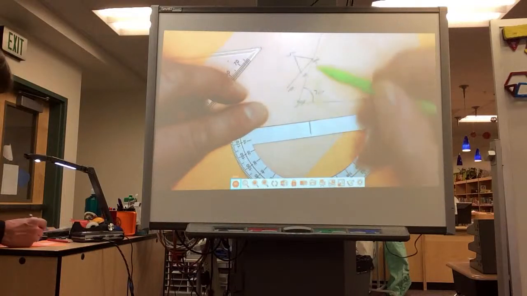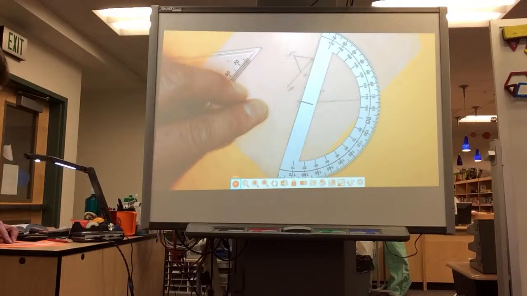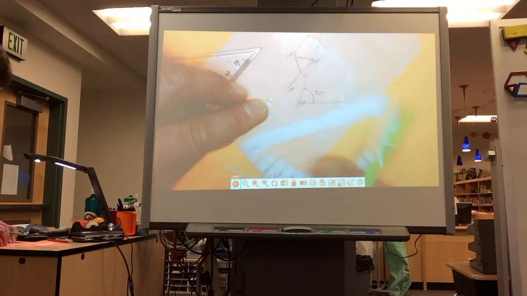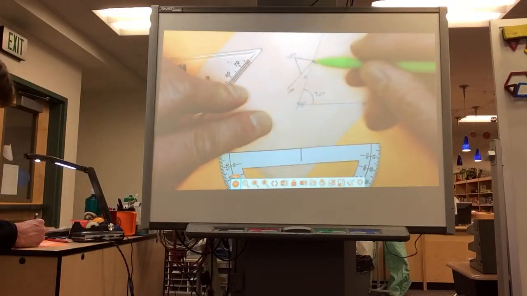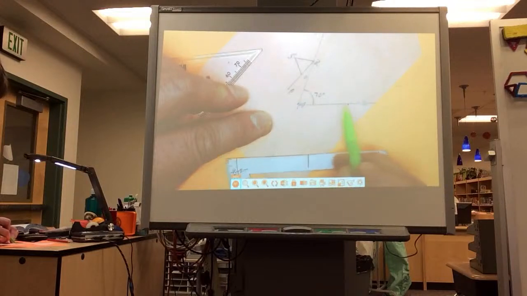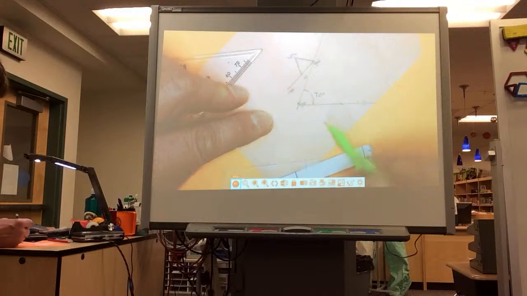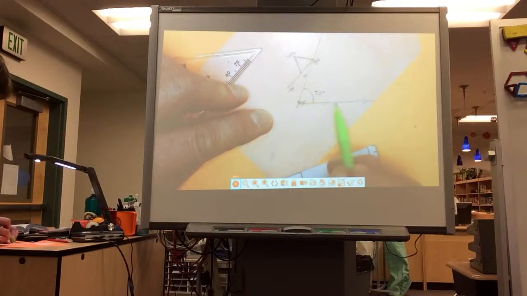So I drew A to R, and then I put my protractor like so. Found 70 degrees, I marked it. So I just drew a 70-degree angle coming off the end of that flag. If we moved R 70 degrees, it's going to lie on this segment, and it will be the same distance away from A, except along this segment.